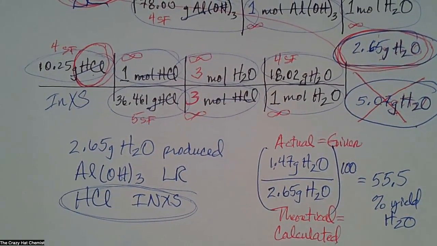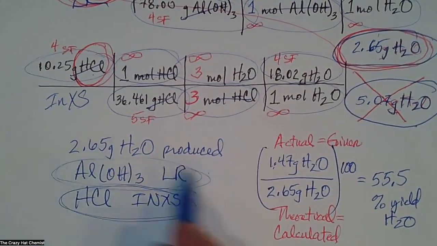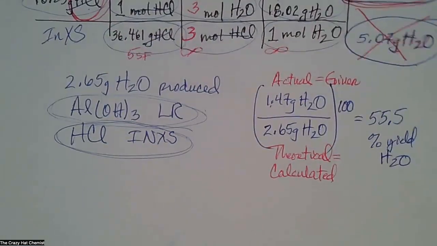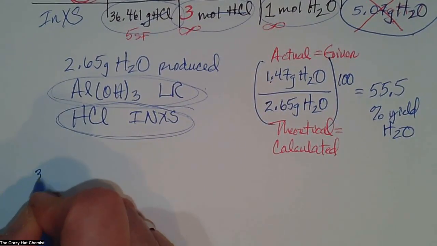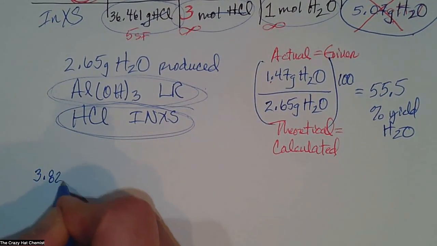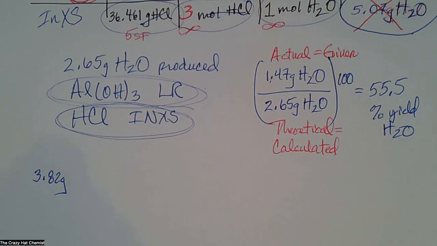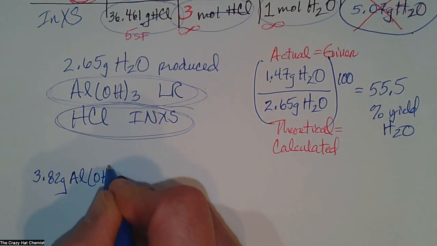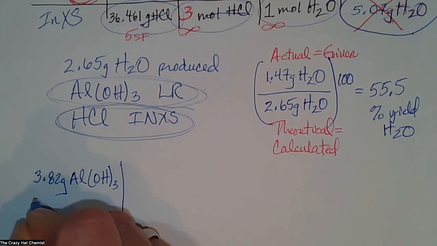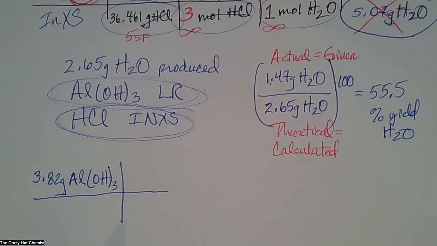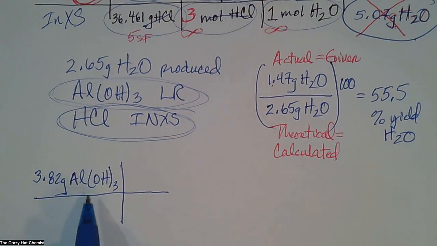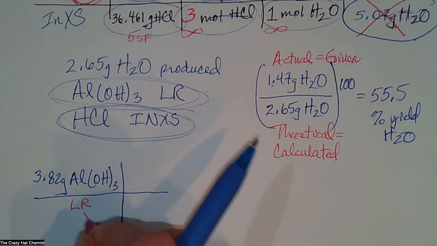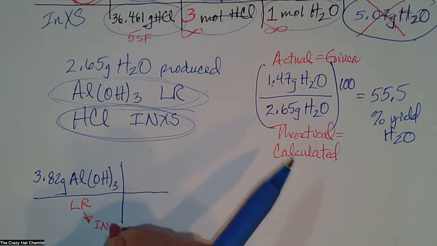So what we're going to do is take our limiting reagent. Okay, our limiting reagent is a mass of 3.82 grams. And that limiting reagent is aluminum hydroxide. Okay, and I'm going to convert this aluminum hydroxide limiting reagent into the one that's in excess.